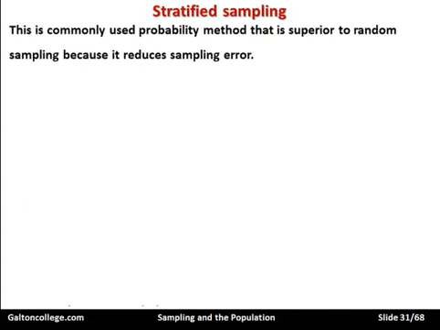Stratified sampling. Well, this is a commonly used probability method, and is said to be superior to random sampling because it reduces sampling error. It's said to be superior. Again, that statement may be misleading.